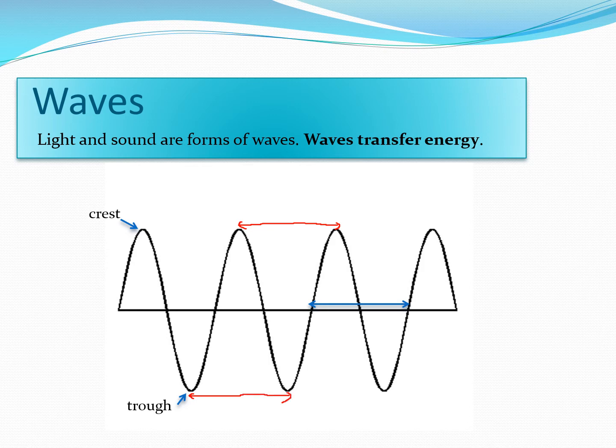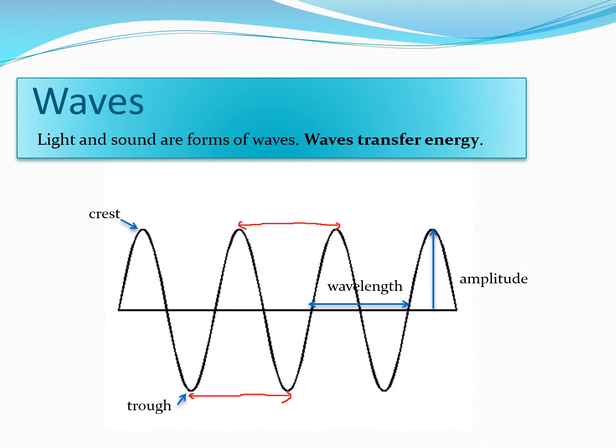So wavelength is basically the distance between two of the same points on a wave. And then the final bit we want to look at is this here. We call that the amplitude, and that's how high the wave is above this middle line, the rest position.